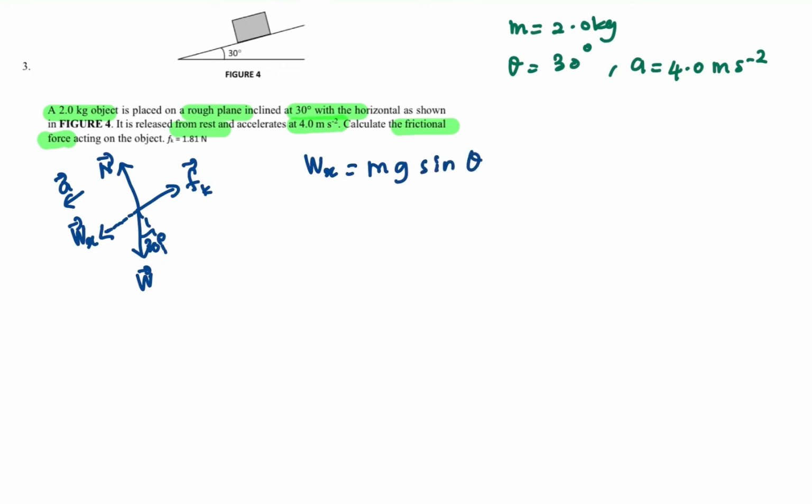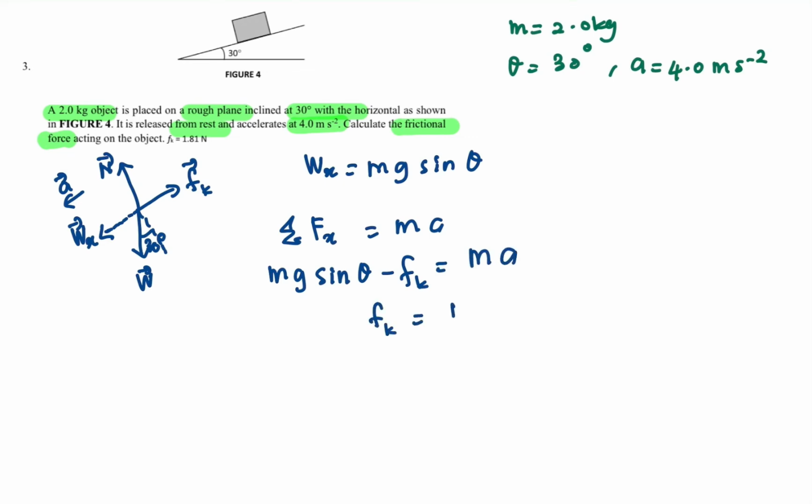Okay, so for summation fx will be ma, because it accelerates in x component. So there you have two forces, mg sine theta minus fk is equal to ma. So fk will be mg sine theta minus ma.